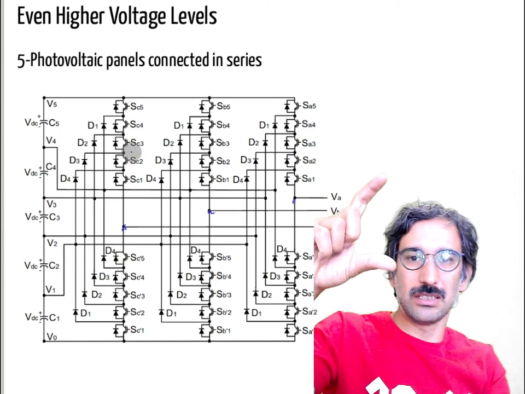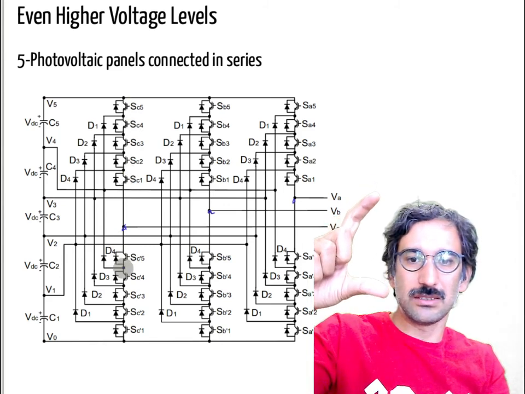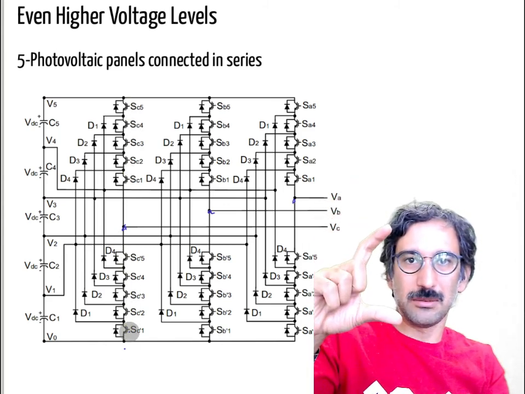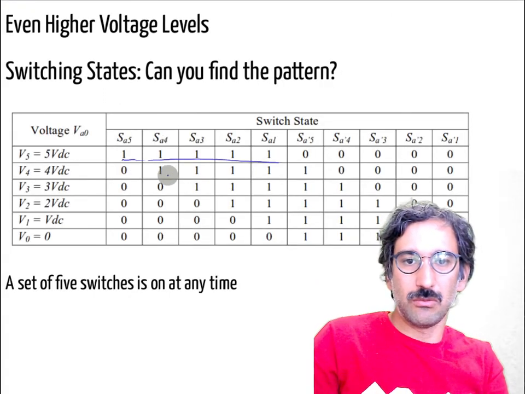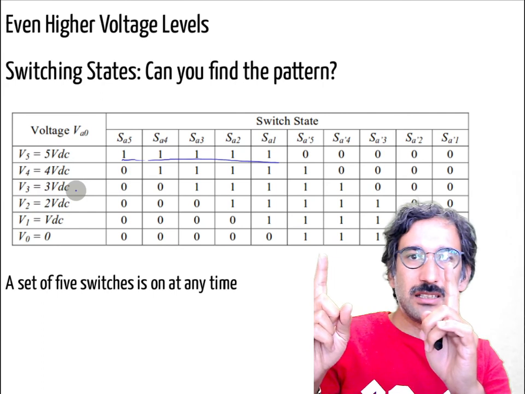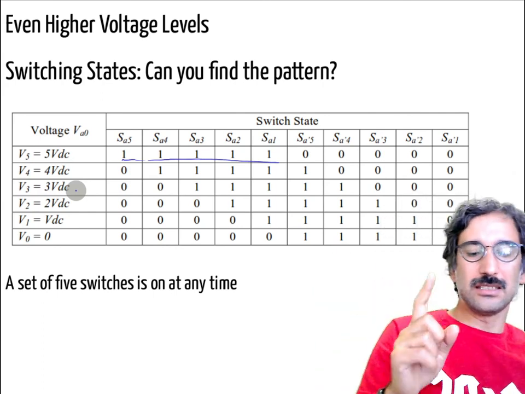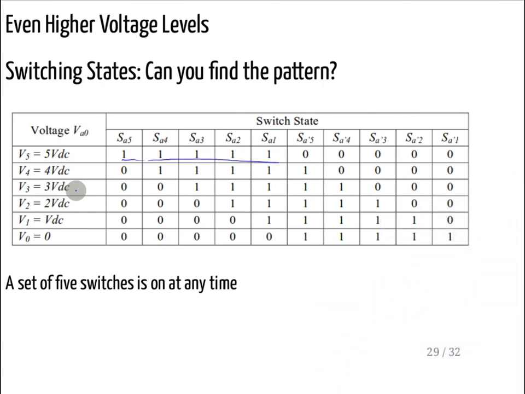So I start with 1, 1, 1, 1, 1, 0, 0, 0, 0, 0, but then I bring it 1 down. For 3 VDC, I shift the 1 states again by one to the right-hand side.